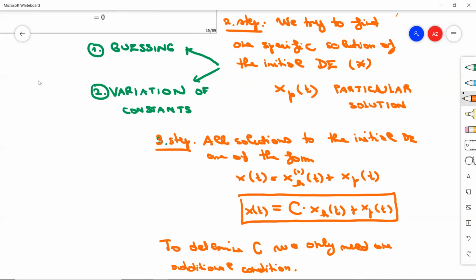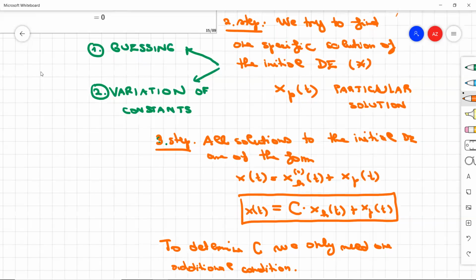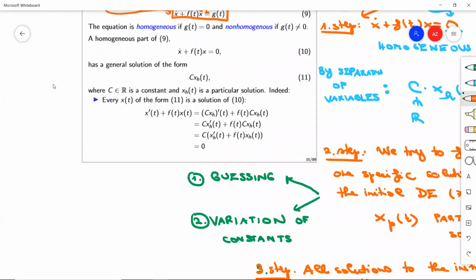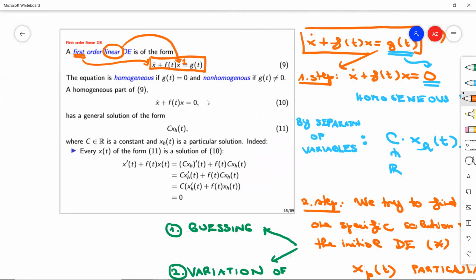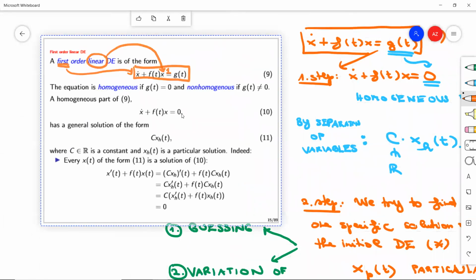Okay, and now I will just try to persuade you that this algorithm really works, so that all the solutions are really of this form. So first, we have this homogeneous part, so we have this homogeneous equation.